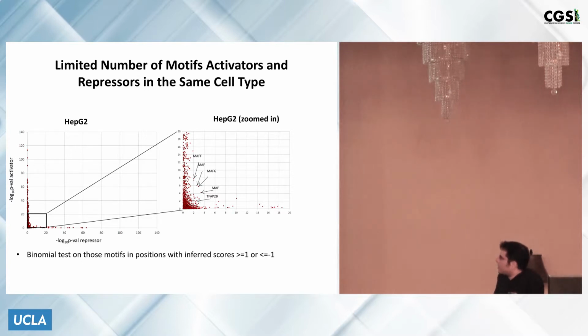And then if we zoom in here and look at motifs that were enriched for both, these dual motifs, both having an activation and a repressive role in the same cell type, we only found a few examples, and most of them were from this MAF family of motifs.